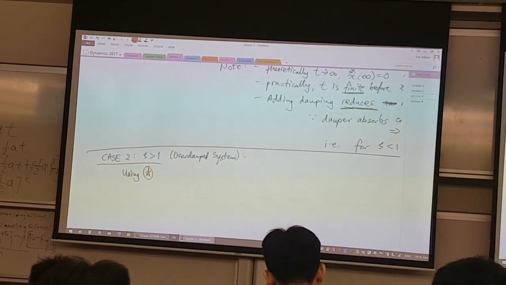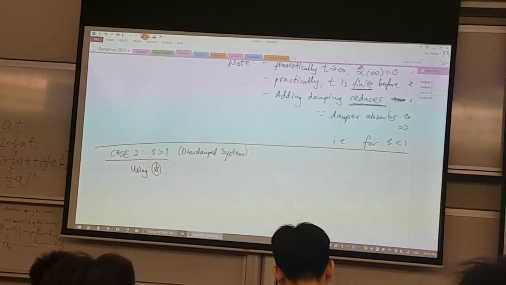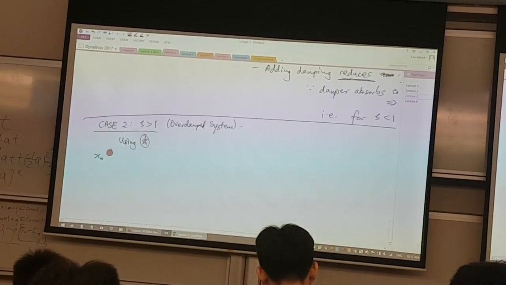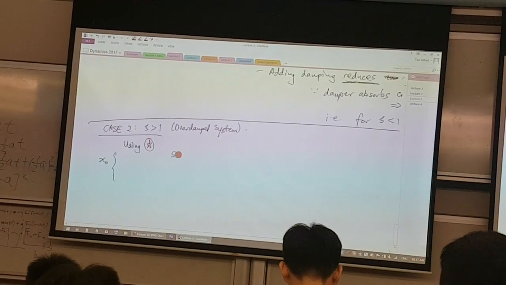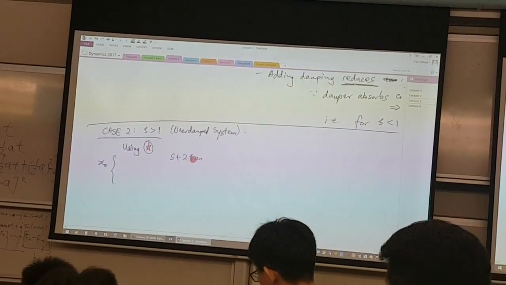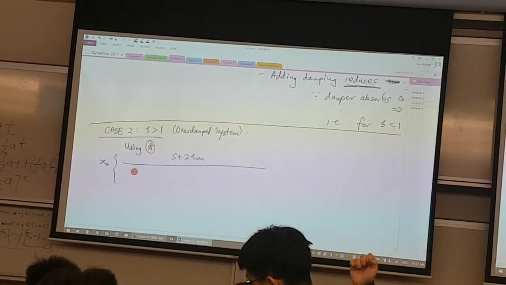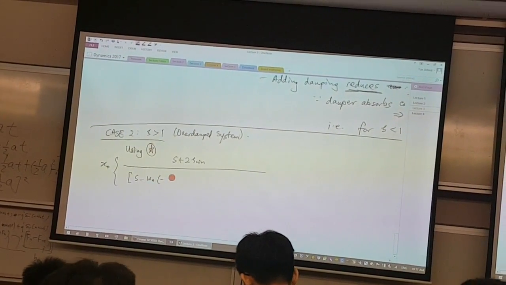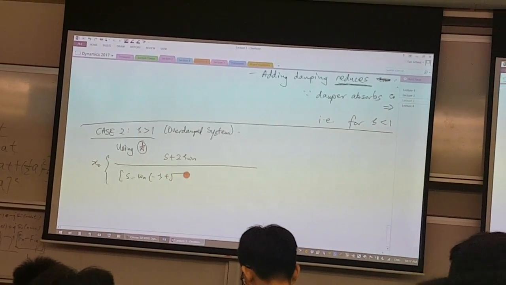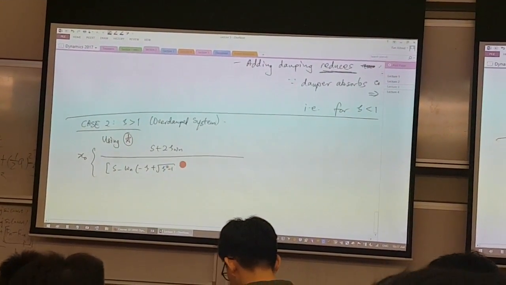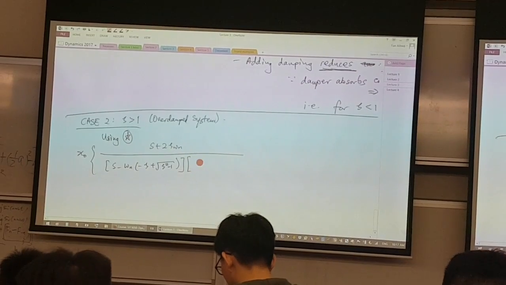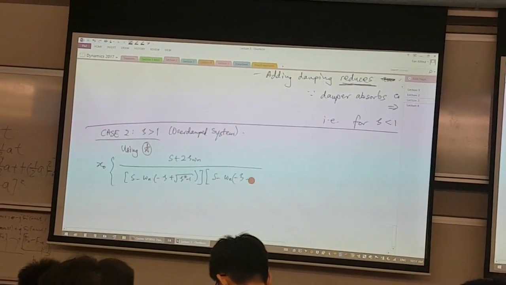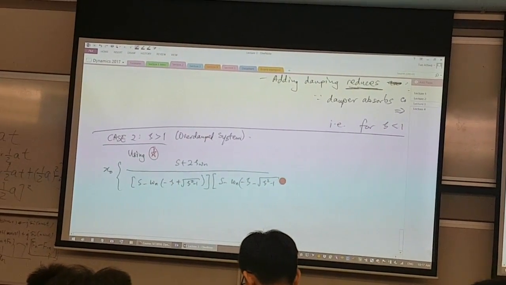So I want you to refer back to equation star. I'm going to write it down again so that you can see that equation star. So that one has S minus omega n minus zeta plus square root zeta square minus 1, and S minus omega n minus zeta minus square root zeta square minus 1.